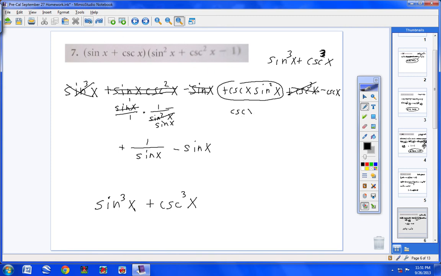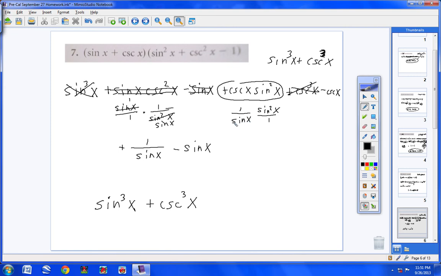I'm trying to think. Maybe I should do the other thing. Maybe I should say, yeah, let's try this. Instead of cosecant, let's put 1 over sine. And then sine squared, we'll just leave it over 1. That'll work. Now here's why that works. Watch carefully.